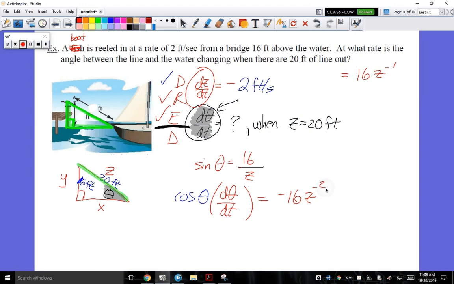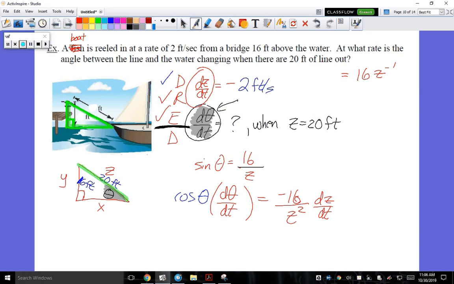Negative 16 z to the negative 2, dz dt. I'm going to move this z to the negative 2 downstairs. And just like Madeline said, I still have to remember my dz dt. Okay?